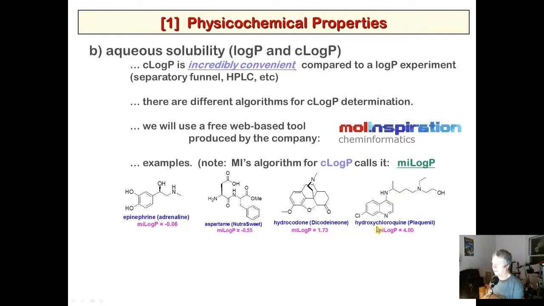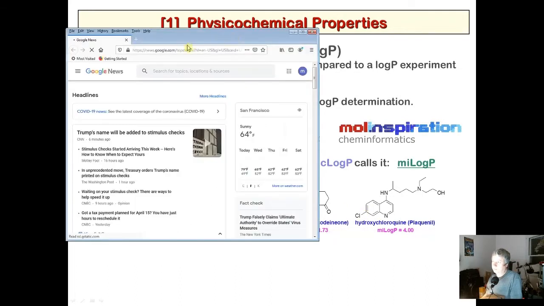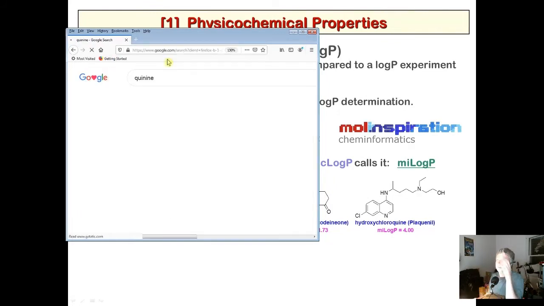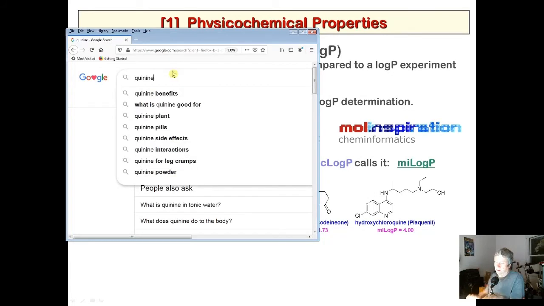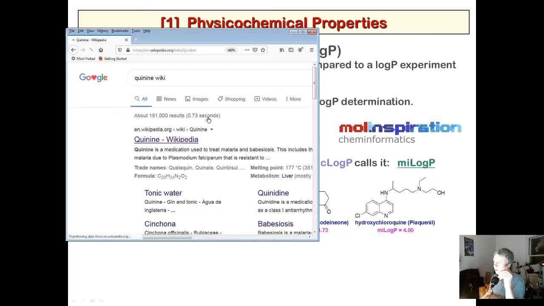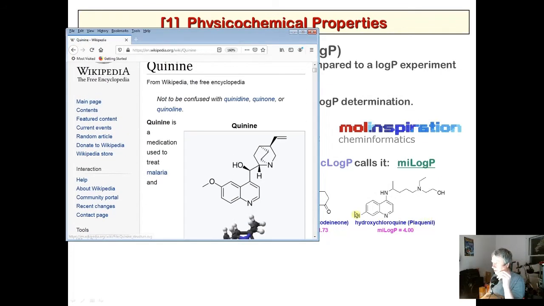Quinine is definitely another good anti-malarial drug. The problem with quinine, I wish I had this. Well, I can do my browser thing. Let's show quinine. Quinine has a similar structure to hydroxychloroquine, and it is a naturally occurring molecule. There it is. It's got a methoxy group on the quinoline, and it has this kind of weird alkaloid thing on the top.